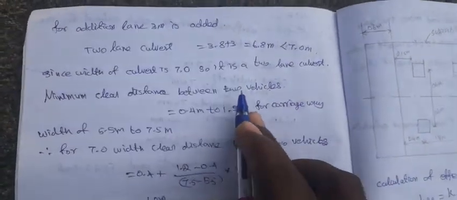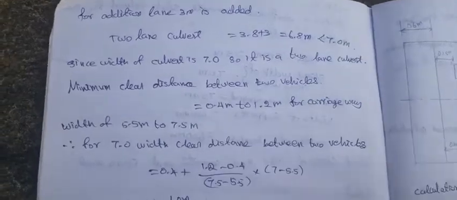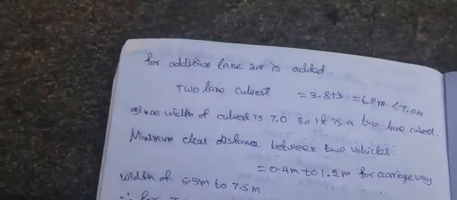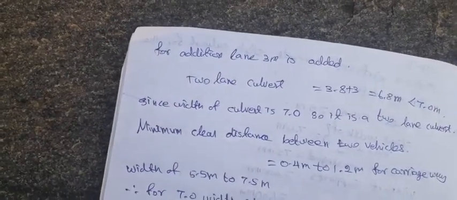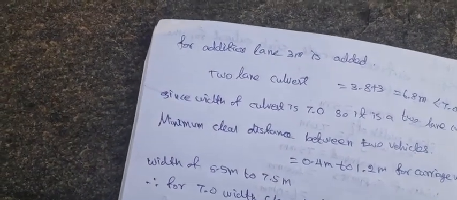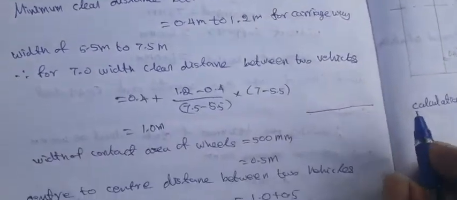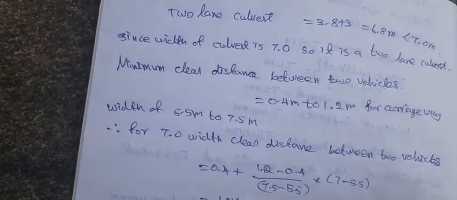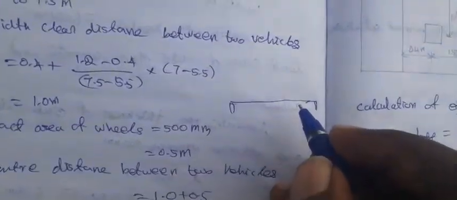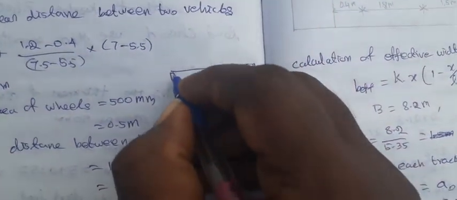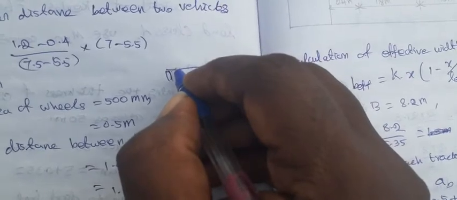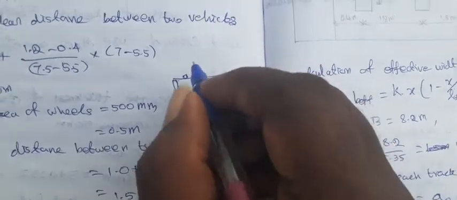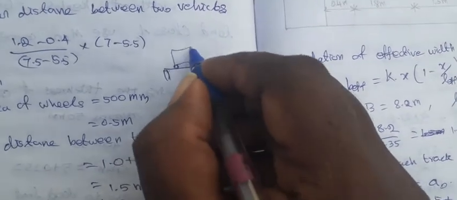Maximum clear distance between the two vehicles. So we already know G and F value. If we are considering it is a 2 lane bridge slab, here I am writing one single vehicle, just like a car.